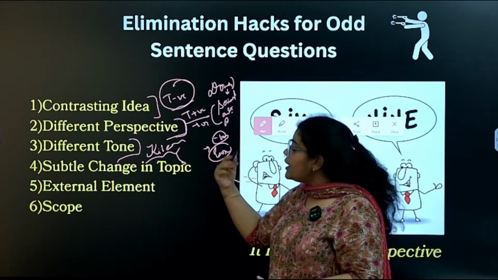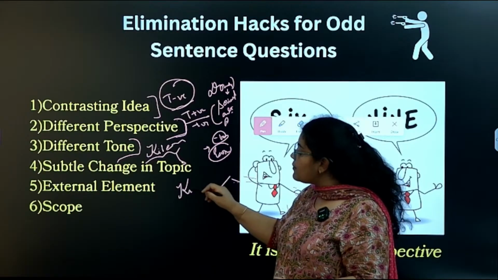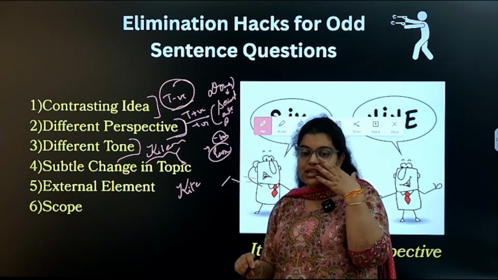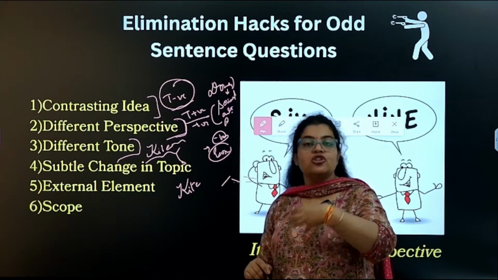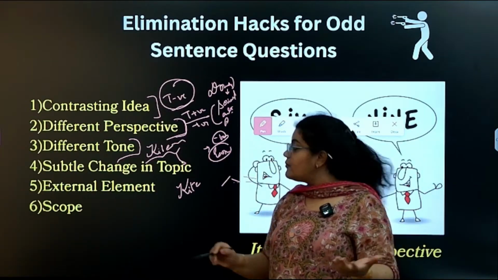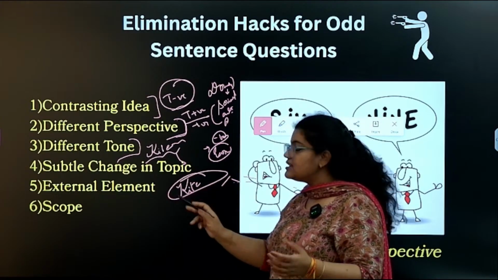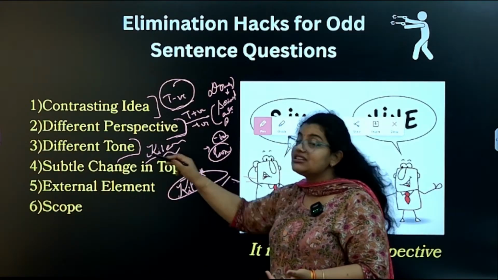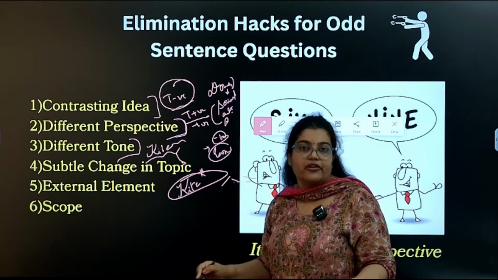So any other sentence that talks about the kite in very simple language, because we can see that the tone the author has used was poetical and metaphorical. And in case there is one sentence that is just talking in a very simple manner, we know that it is an odd one out because it is not matching the tone of the author, right?